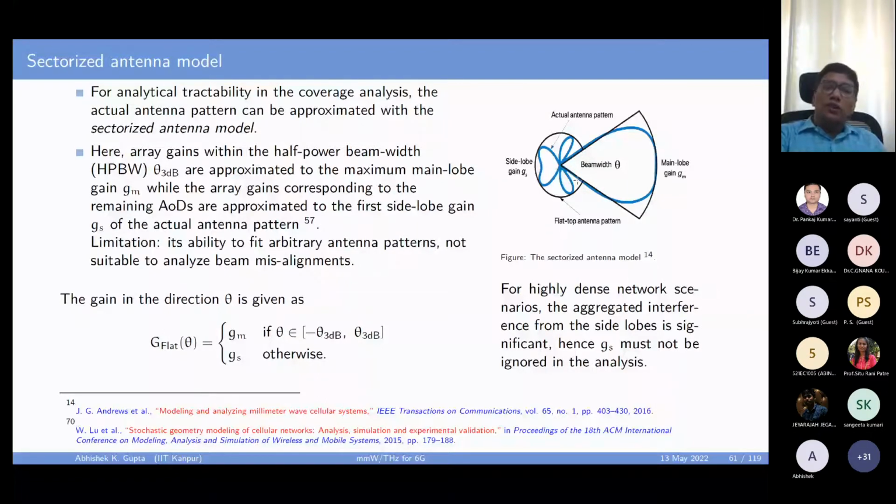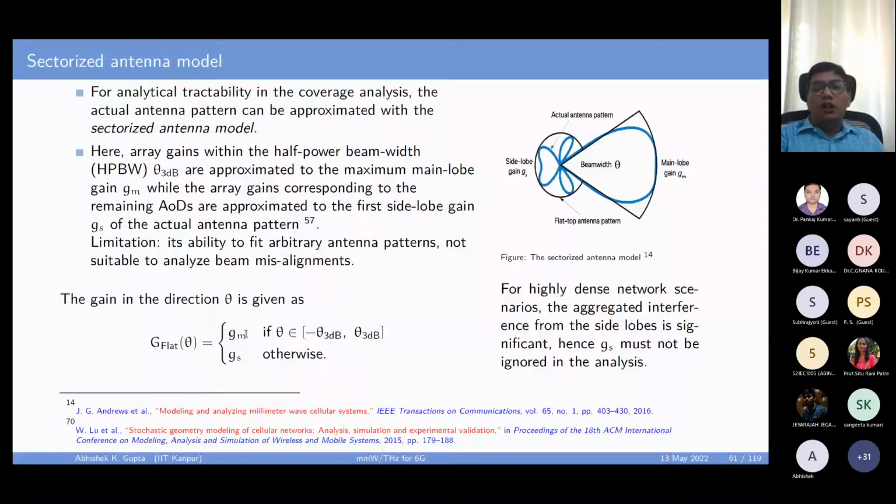Okay, so here you can denote the gain in direction theta as GM if theta is between these two, in the beamwidth, and small GS otherwise. GS is known as the side lobe gain and GM is known as the main lobe gain.